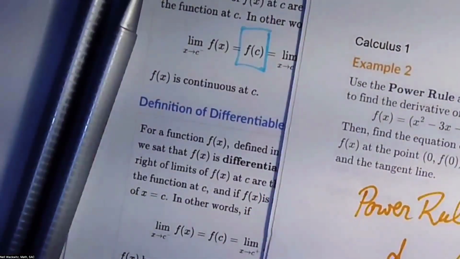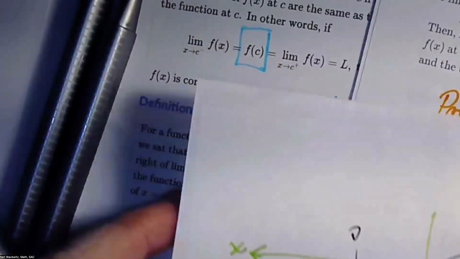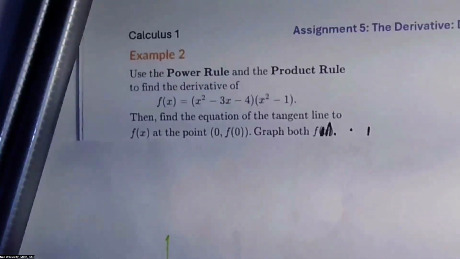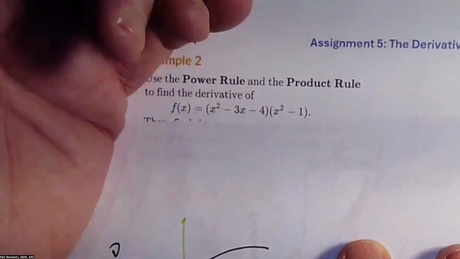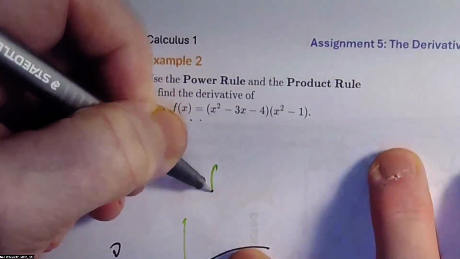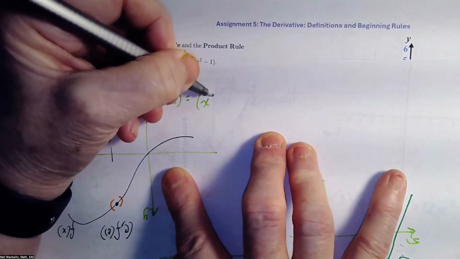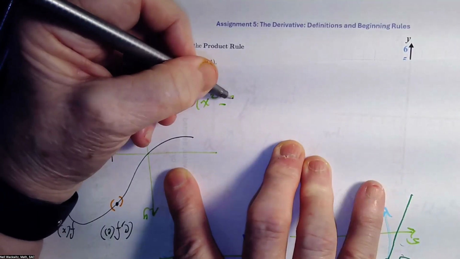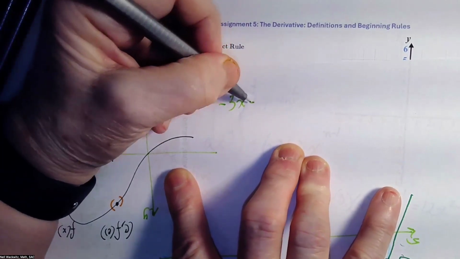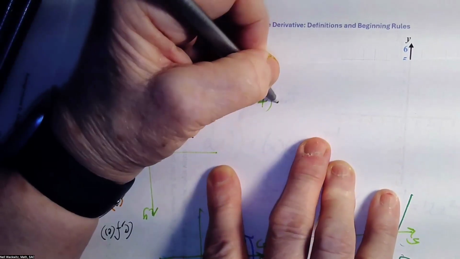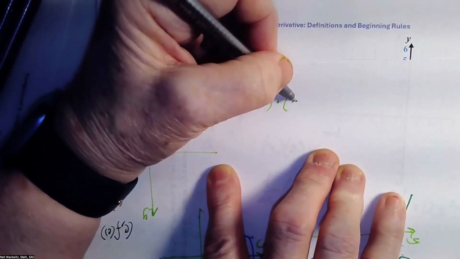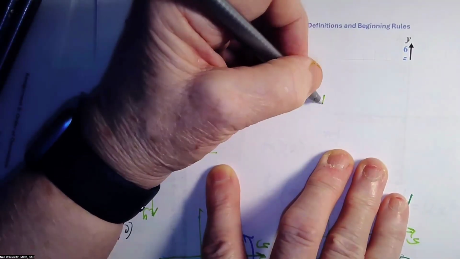Well, let's look at this particular example. We have f of x equals x squared minus 3x minus 4 times x squared minus 1.